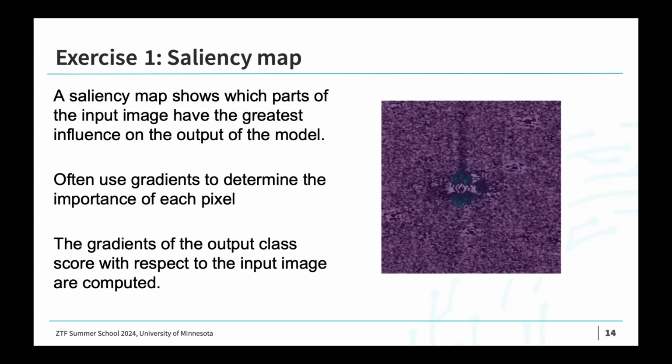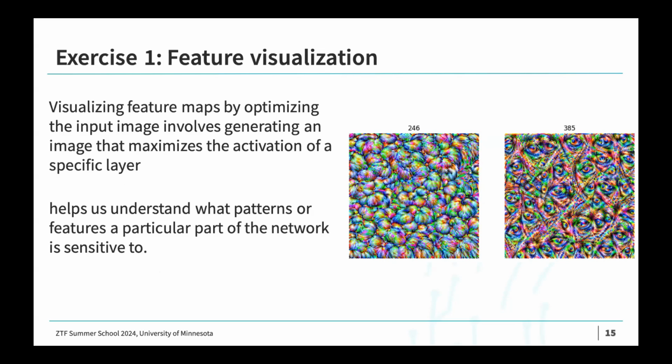The other exercise we can do is to make some feature maps. This can be done by inputting random images and taking gradients with respect to one of the specific layers, and optimizing the input images to maximize one of the layers in the neural network.